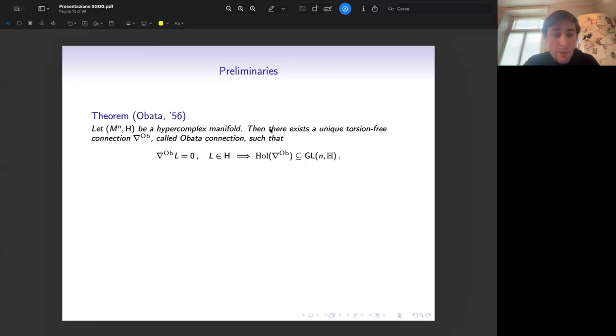By this property, we know that the holonomy of the Obata connection will lie in the general linear group with quaternionic coefficients.